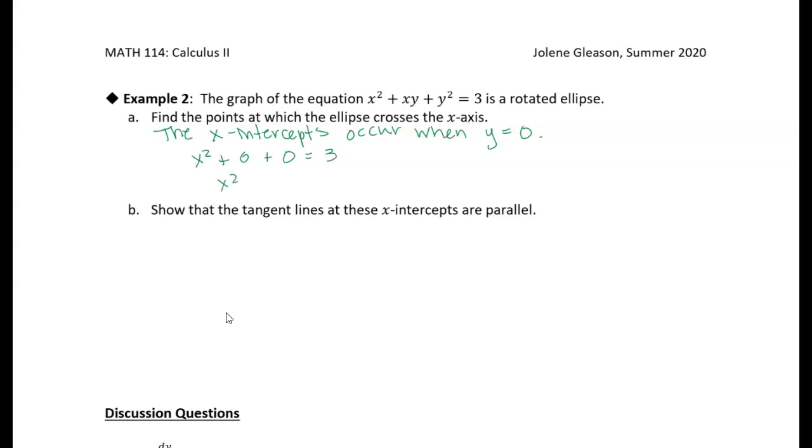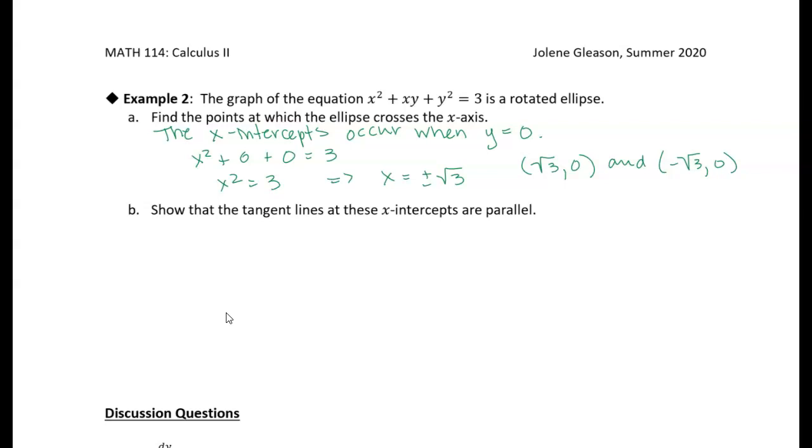So x squared equals 3. So that's telling us that x is equal to plus or minus the square root of 3. Okay, so our x-intercepts are the square root of 3 comma 0 and negative square root 3 comma 0. All right, so those are our two x-intercepts.